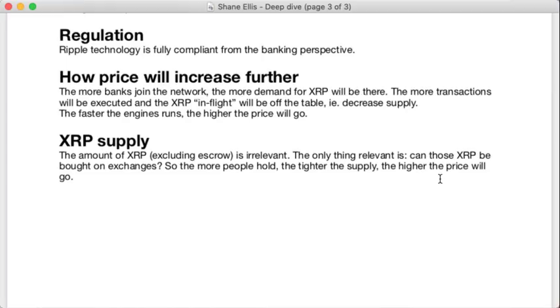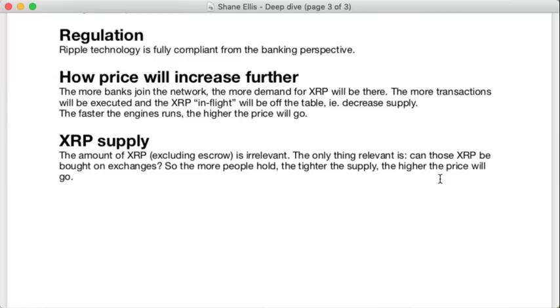Within those 2 minutes there may be a certain amount of XRP parked, not available on the market, and that will increase scarcity of supply of XRP and thus drive the price higher.